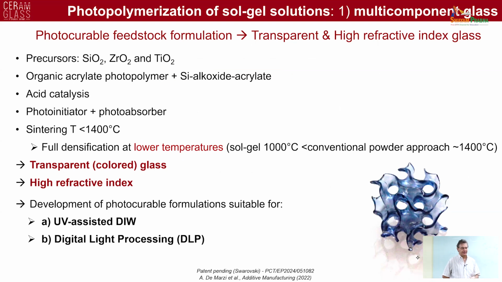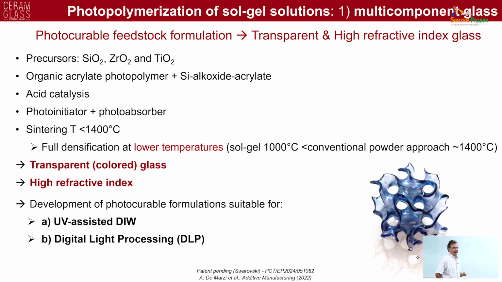So we decided to modify the composition of silica by adding titania, which is typically used also in fiber optics to increase the refractive index of pure silica. But there are some limitations in terms of the amount of material that you can add while retaining transparency. So with titania, we are typically not able to go above a certain value for the refractive index.